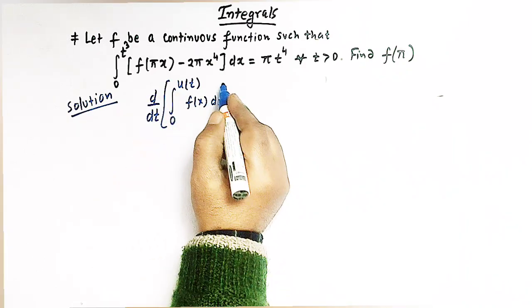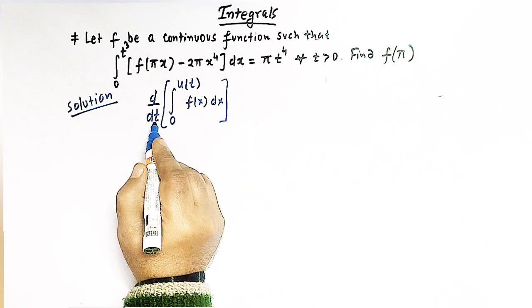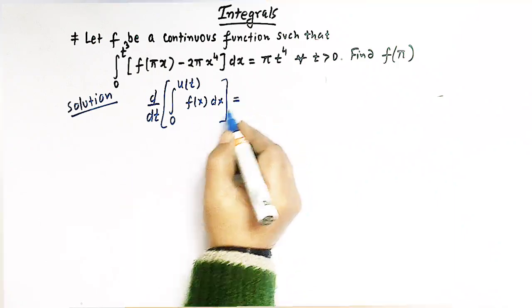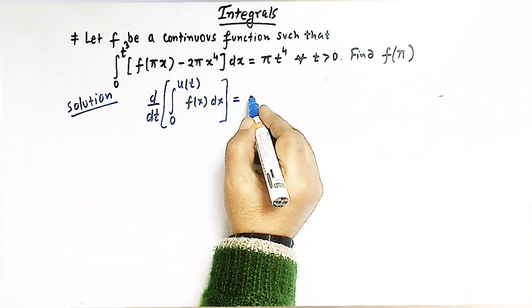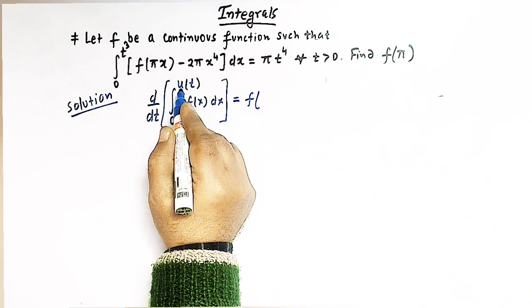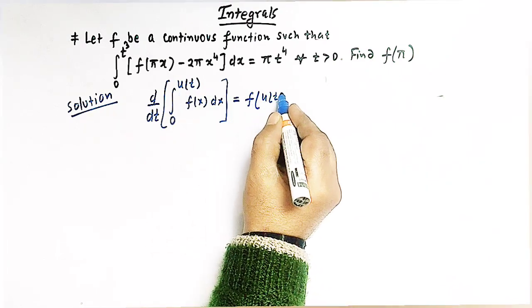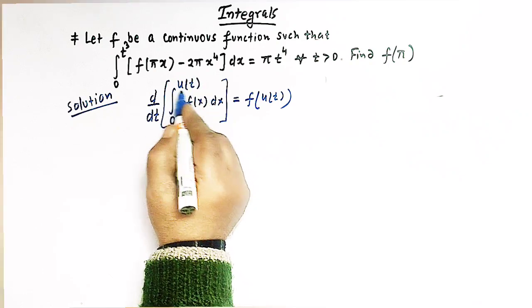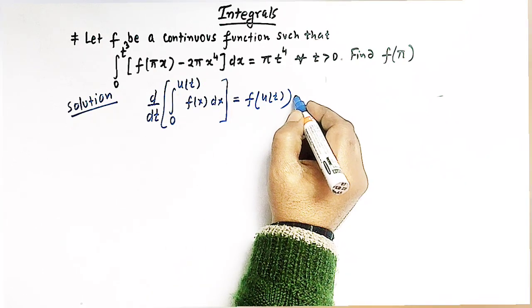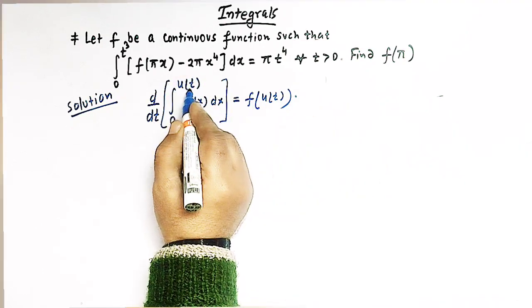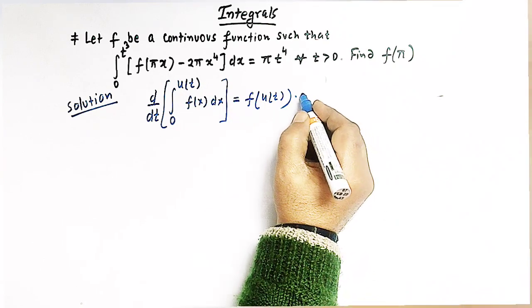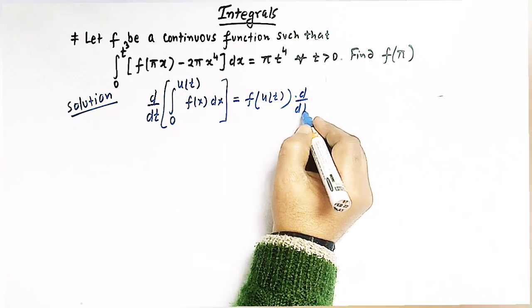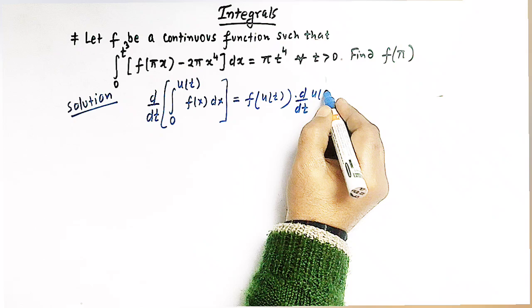So the derivative of this integral with respect to t is simply given by f of u of t. So first we'll replace this x by u of t, which is the upper limit, and then we'll differentiate u of t with respect to t. So here we have d by dt of u of t.